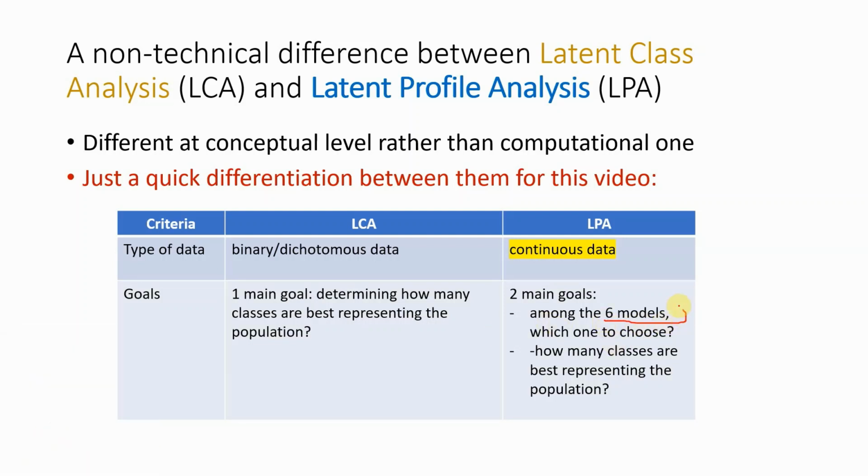There are actually 6 models in latent profile analysis, and you need to choose one of them based on fit indices like the BIC or the AIC value. And then in step 2, you want to examine how many classes best represent the population. Basically this one is similar to latent class analysis.